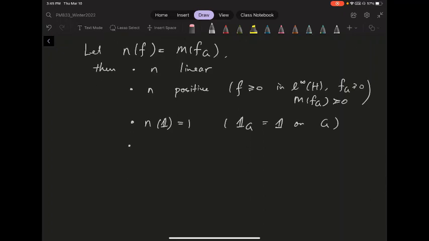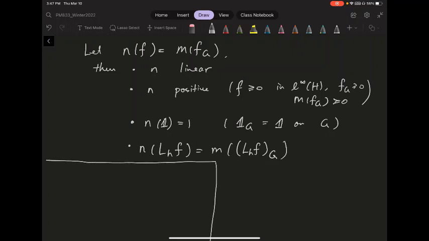To show that, if I consider n of the left translation of f by some h, by definition that is m of the lift of this left translation function onto G. Okay, so let's do some computation on the side. Let's just consider some g equal to some k times a.